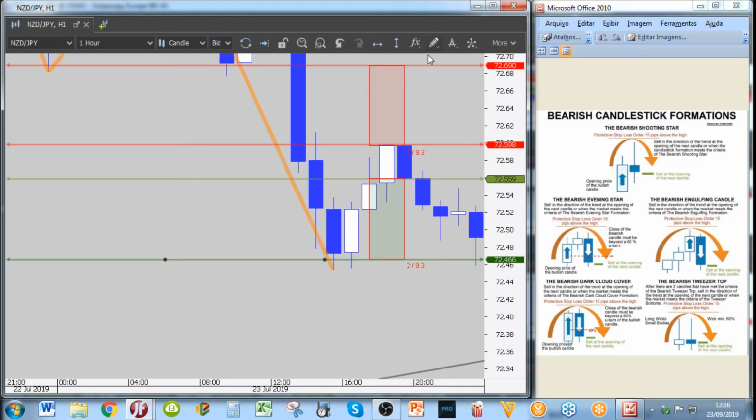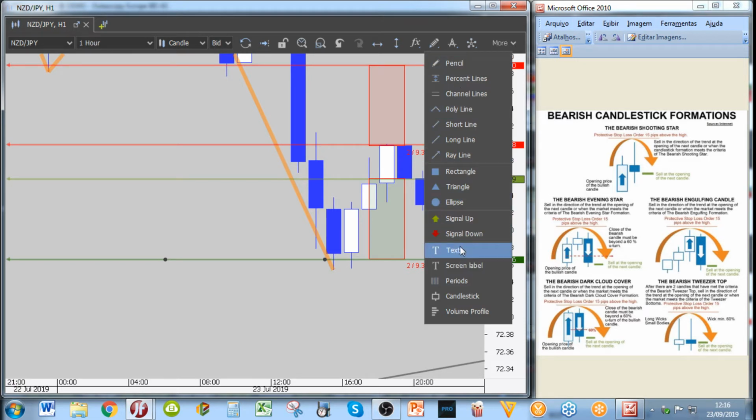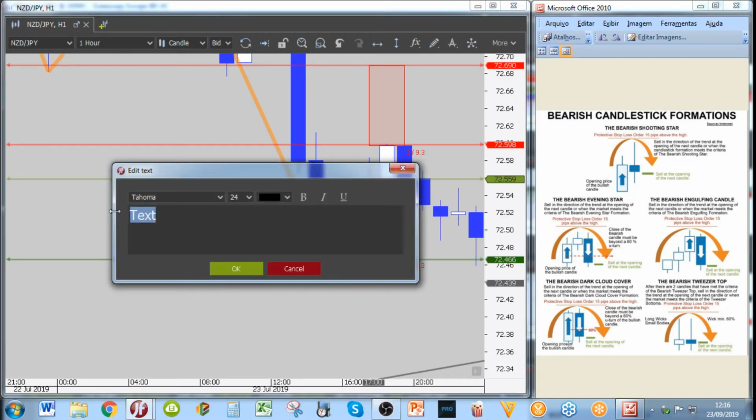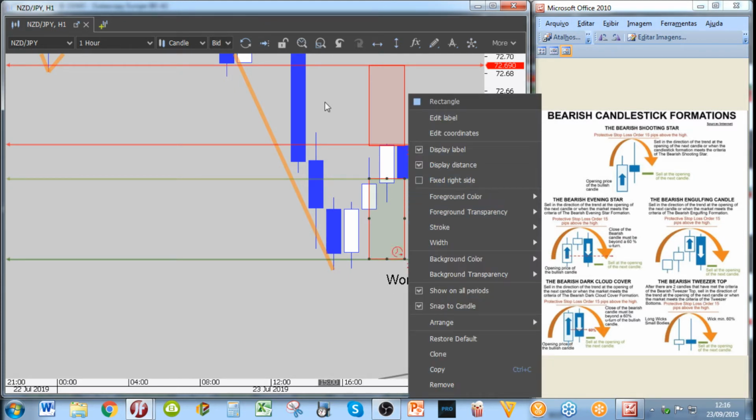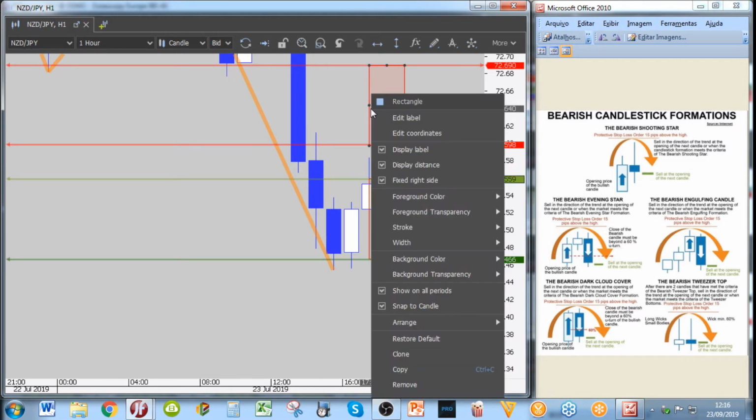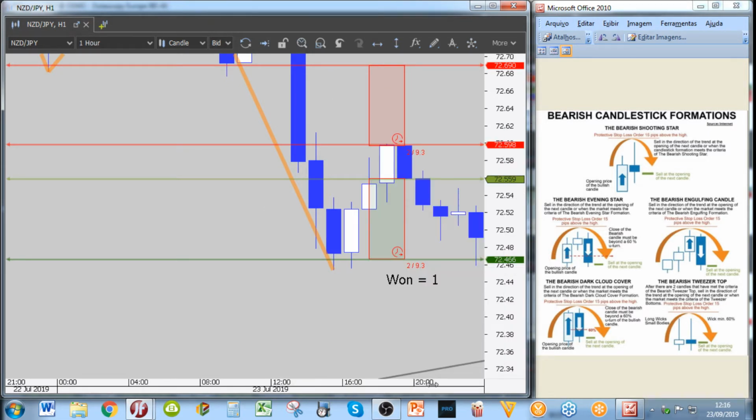We won one, right? Won one. Oh, that's easy. No, it's not. Scalping isn't easy, believe me. Scalping isn't easy.